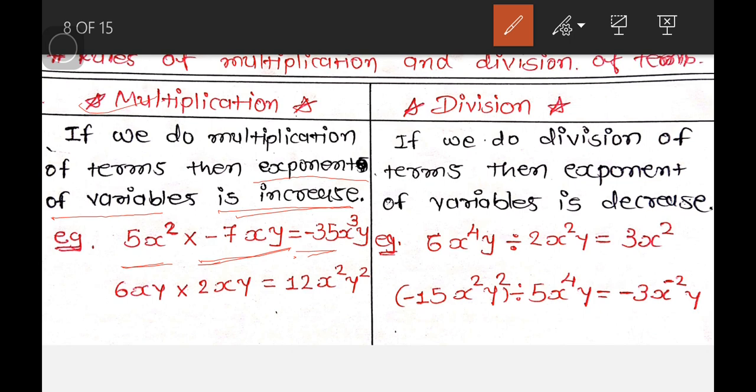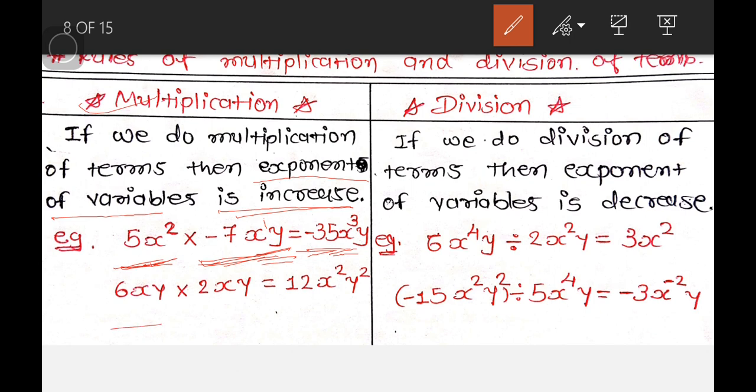Now for the variables: the first term has x square and the second term has x raised to 1, so we add both powers. 2 plus 1 is equal to 3, so we put x raised to 3. There is no y in the first term, so we keep y as it is. Then we get the answer minus 35 x cube y.